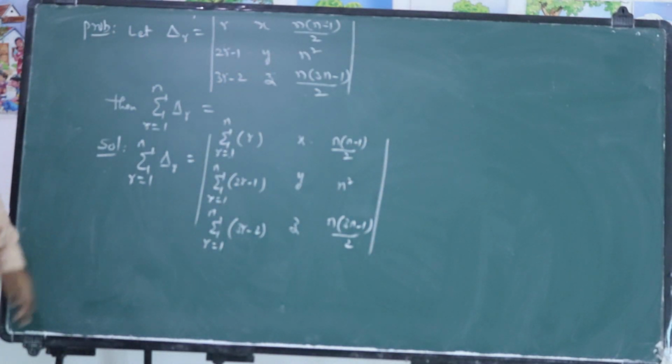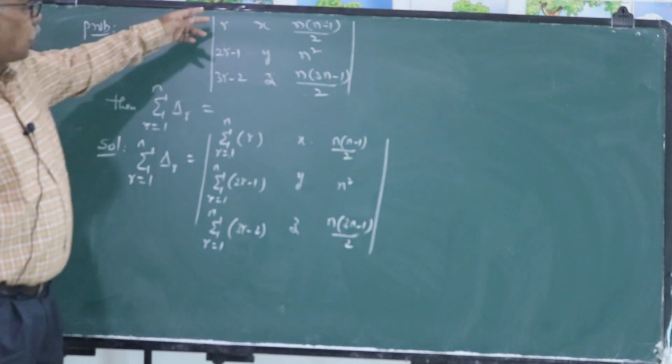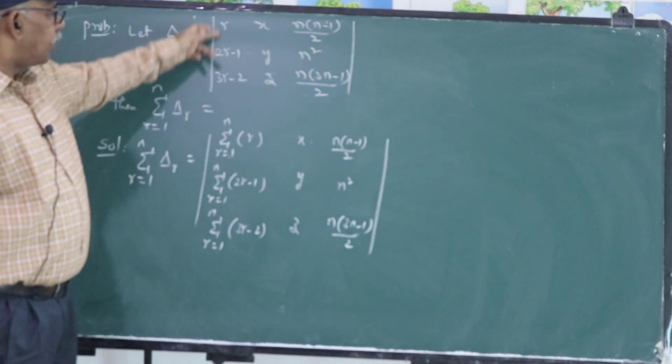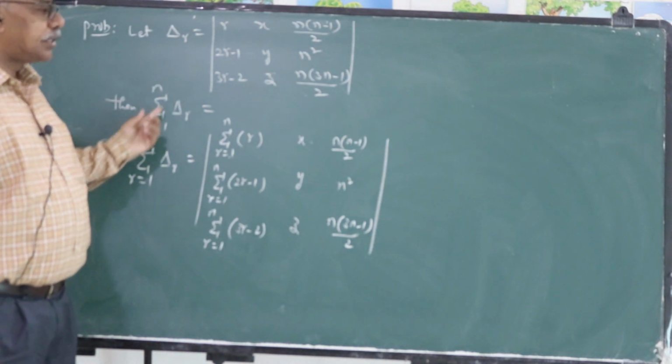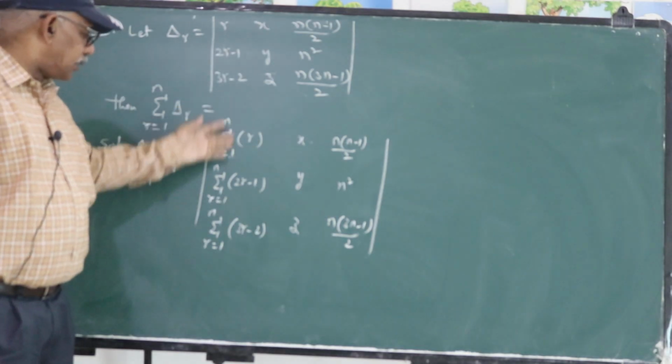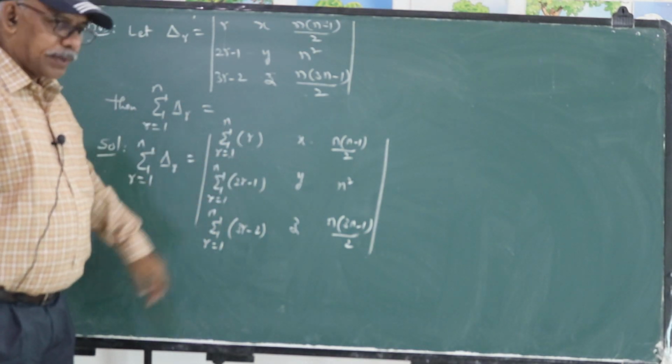Hence the summation is only applicable to column 1 here, because only the column 1 elements depend on r. Since the summation is over r, you have to apply summation to the first column. Now evaluate these values separately.